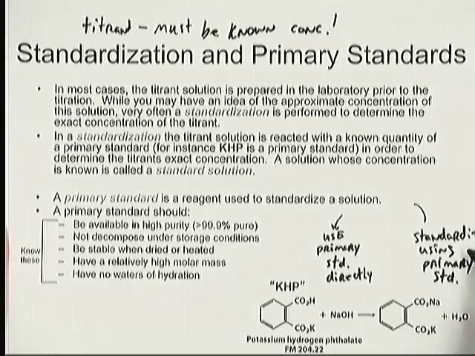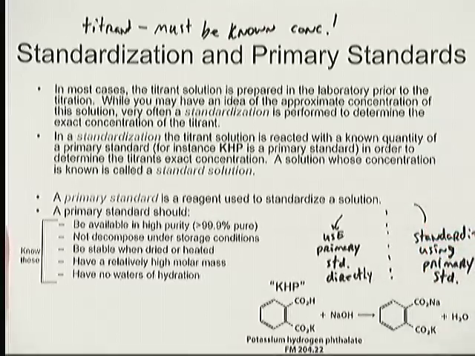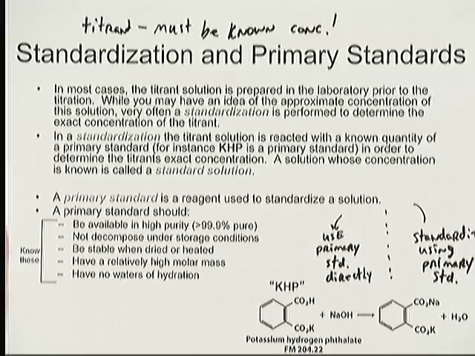And the other one is to standardize a solution using a primary standard, okay? So both of these, whichever option you take, comes back to using these primary standards. So let's talk about what that is first, okay?